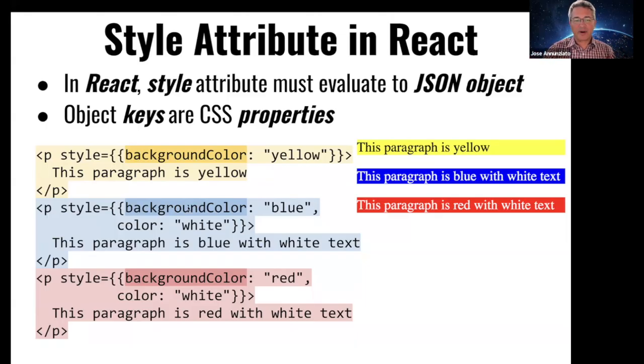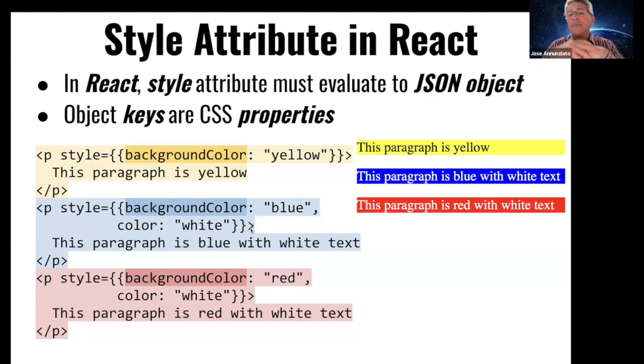So for instance, here you have property background blue, and a comma, and then color colon white. And this inner curly bracket says that this is an object, formatted for JavaScript, which is called a JSON object. It's JavaScript object notation, a notation that has become very, very popular for encoding data. So the inner curly bracket means that this is an object, and these are the properties and the values.